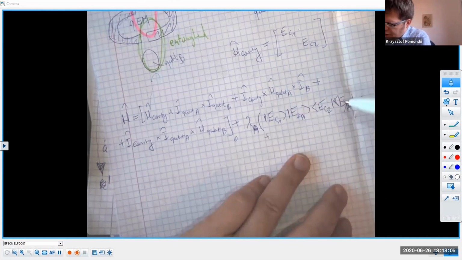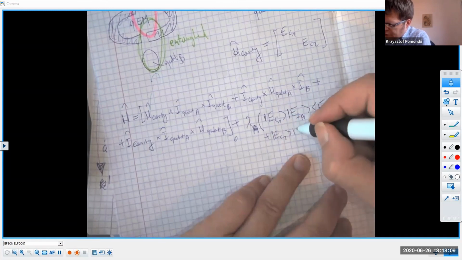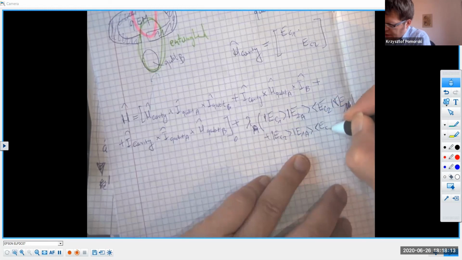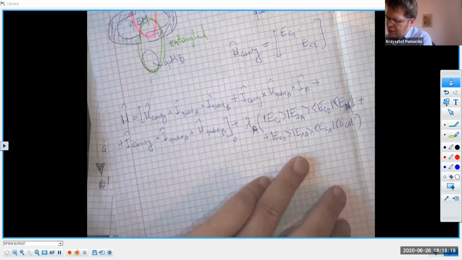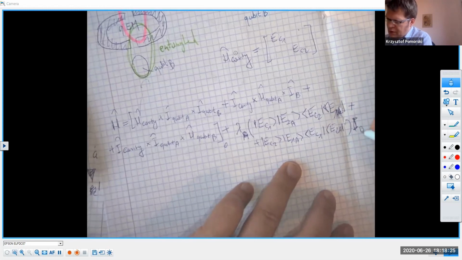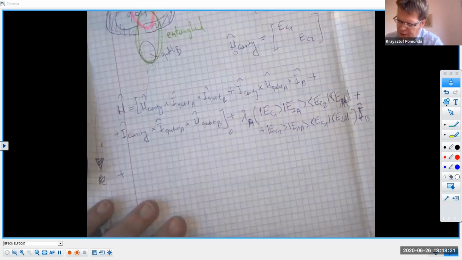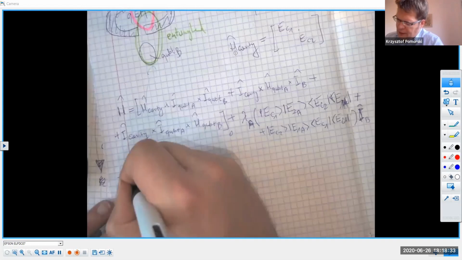Everything needs to be reversed: C2, then C1 to A, and of course times identity for qubit B, plus, this is a lengthy animal.